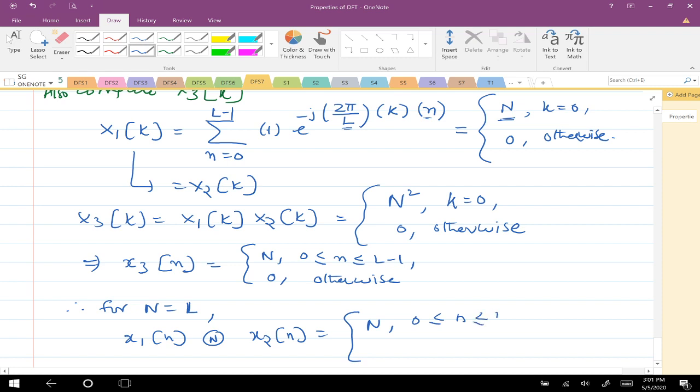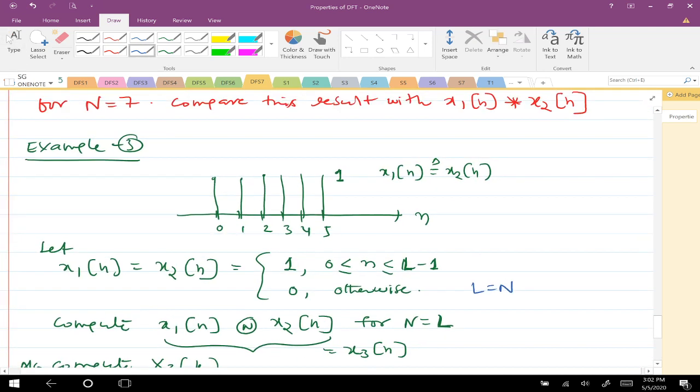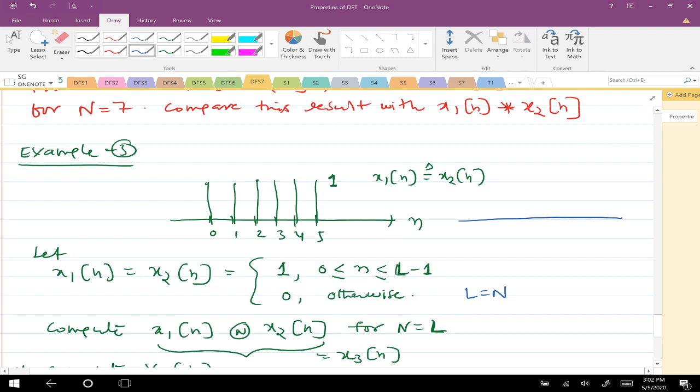I am repeating the same expression, that's all. So in this case, all the values would simply be N. This would be my x3 of n.